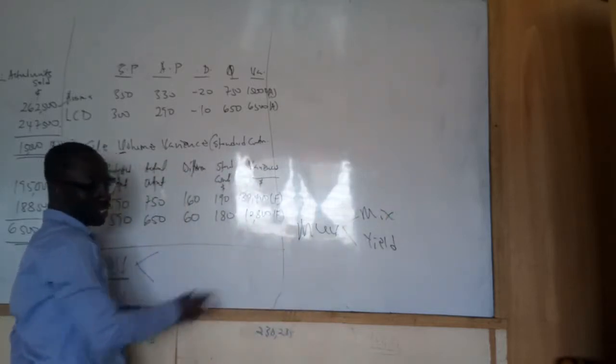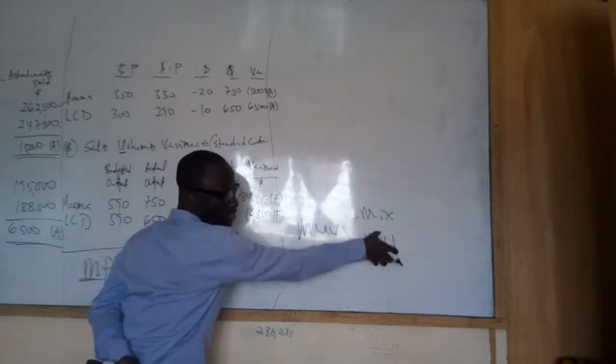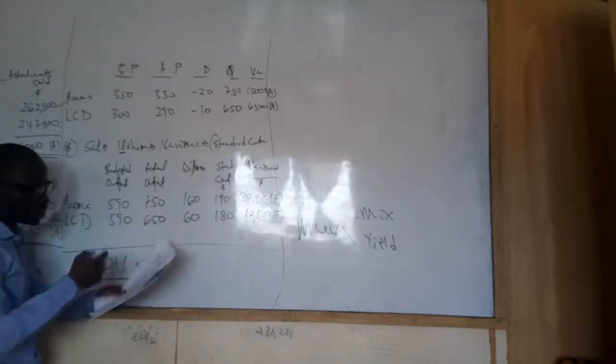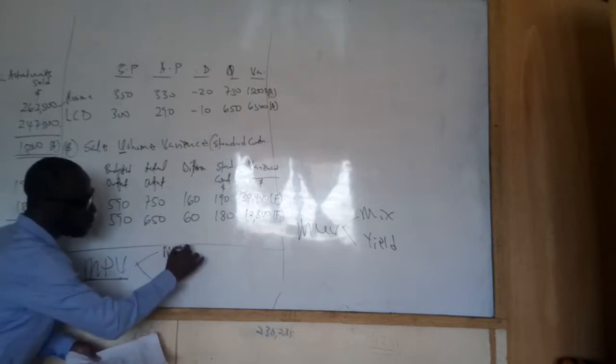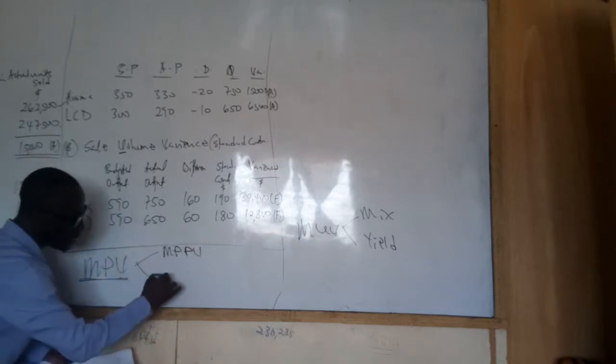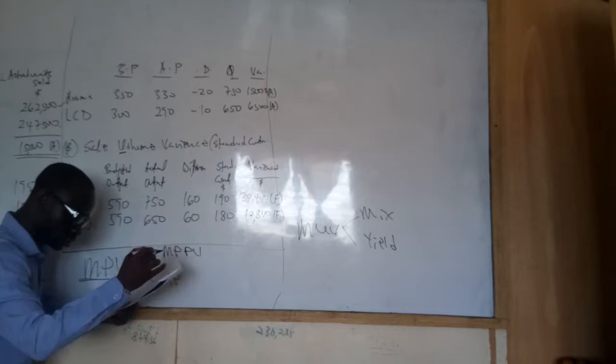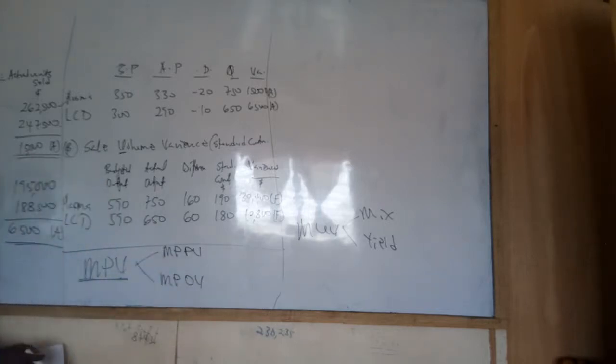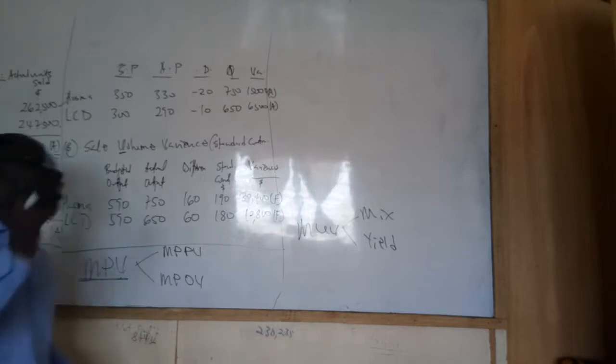Here it is the material price planning variance and then the material price operational variance.